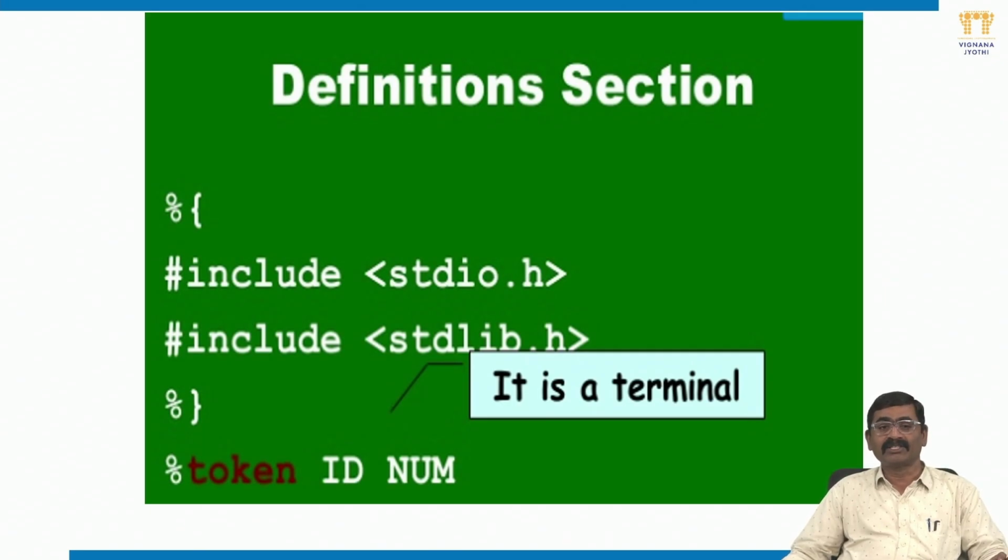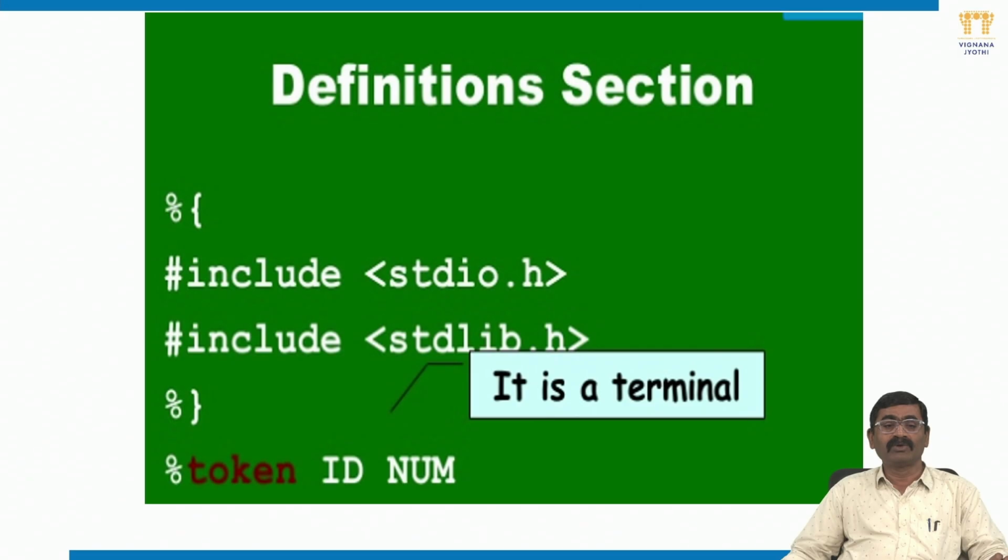For example, hash include stdio.h is the header file required to perform input and output operations. Similarly, one more header file I have taken is hash include stdlib.h. This is the library file, required when we use functions like exit.